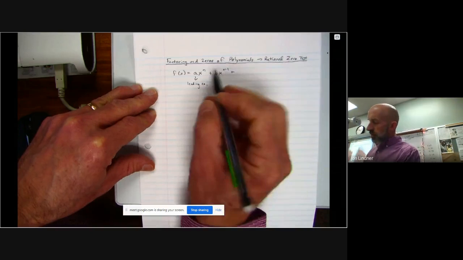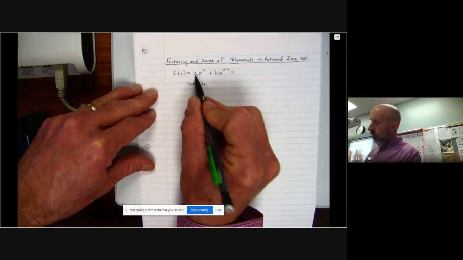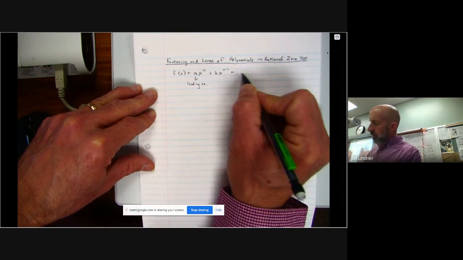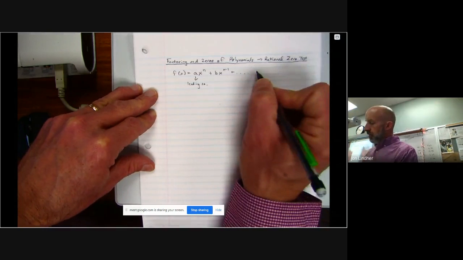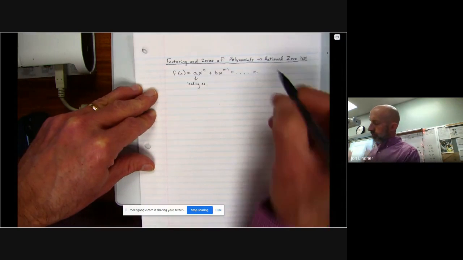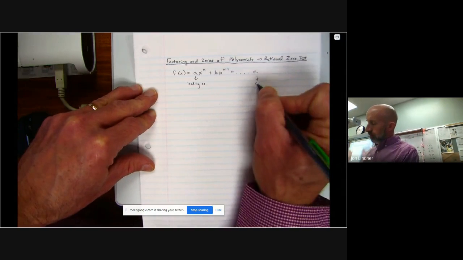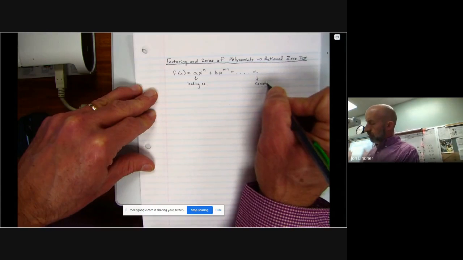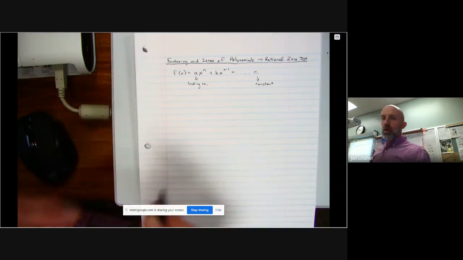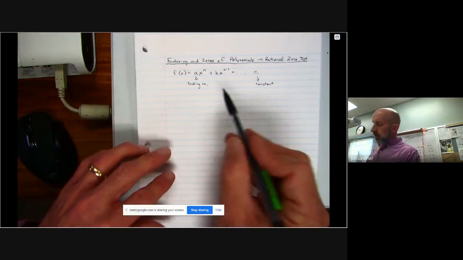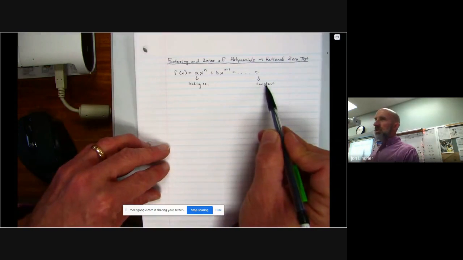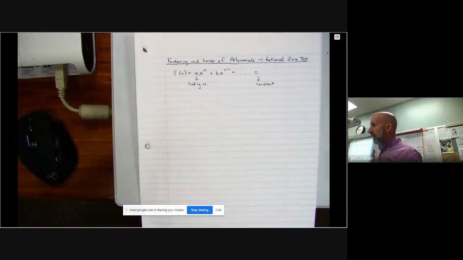What matters is what's at the beginning, the leading coefficient, and what's at the end, which is a constant. What we're going to use is the leading coefficient and this constant to help factor it.